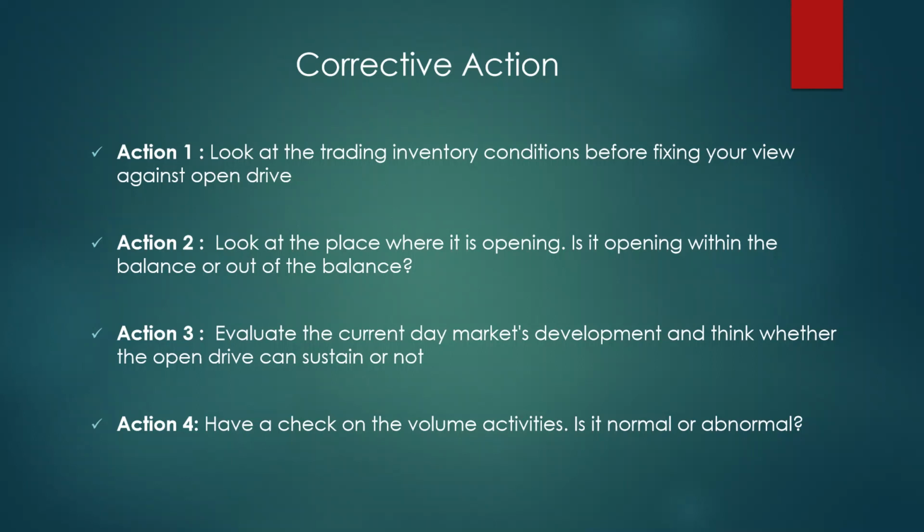If some abnormal activity happened, maybe someone with a big amount of money, like smart money, has entered the market. In those conditions, they usually try to take the market to the next level without reversing it back. So these are the four conditions you will need to look at.